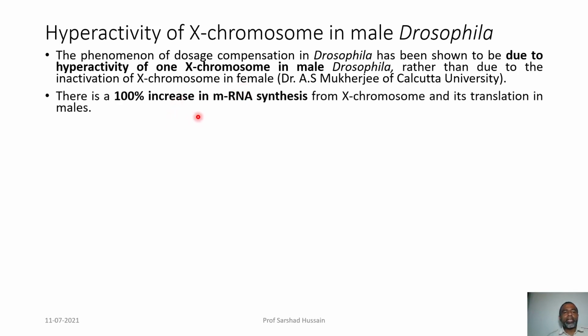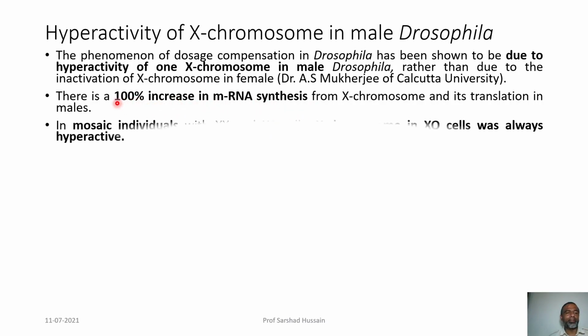There is a 100% increase in messenger RNA synthesis from the X chromosome and its translocation in the males. So, it was found that the messenger RNA of the male and the female were equal, but equal because there was an increase in the messenger RNA synthesis in the males.